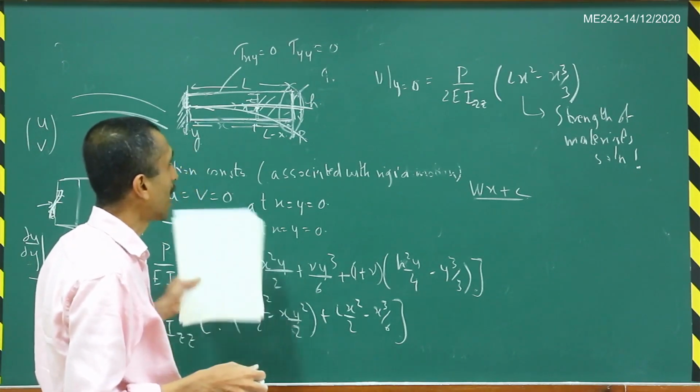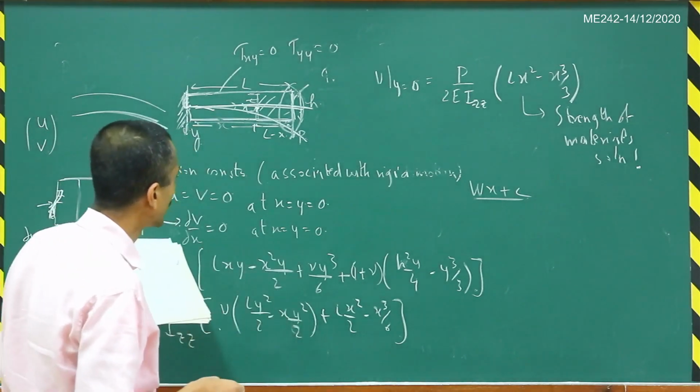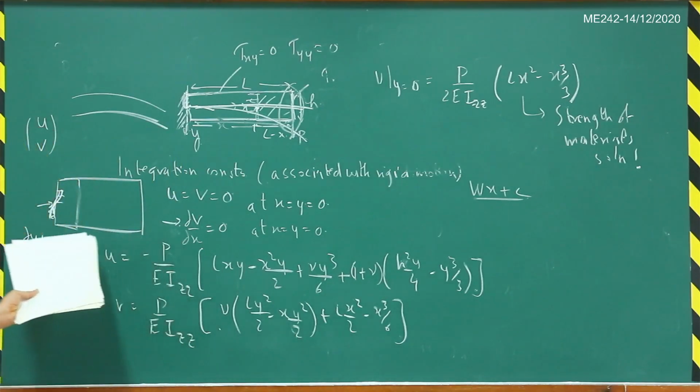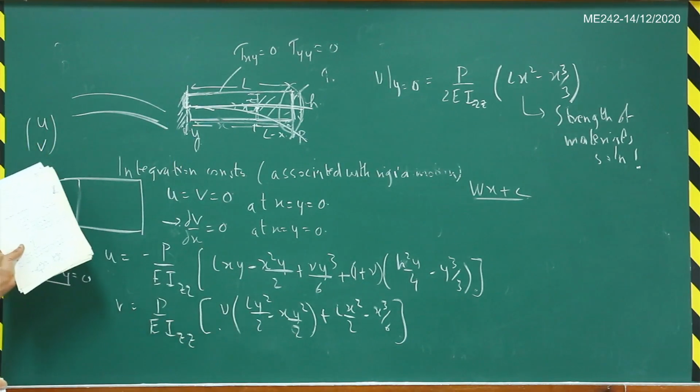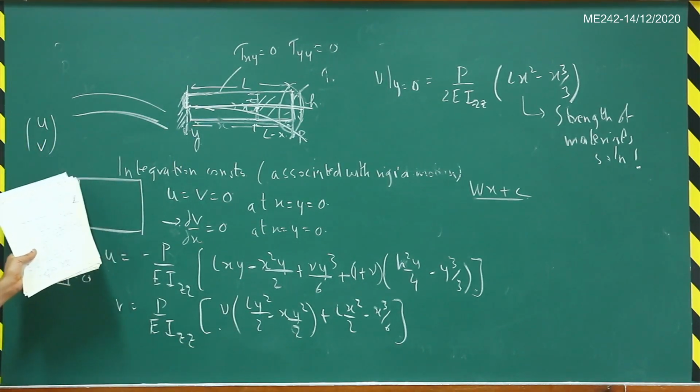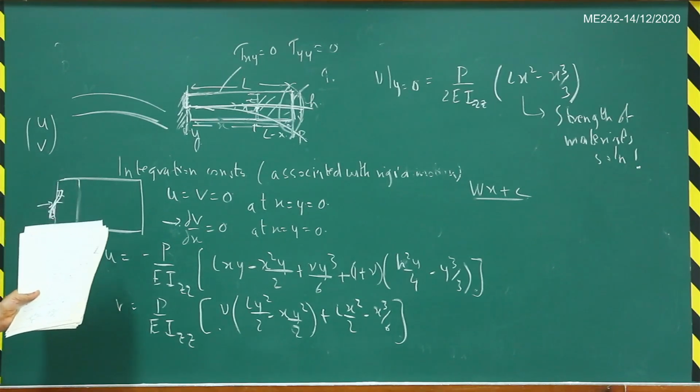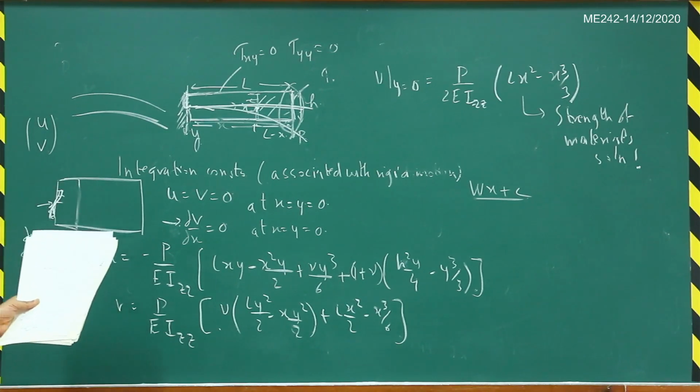The last point is that once you find these stresses, you can find out the principal stresses and so on, and then substitute that into some failure theory to find out whether the yield criterion is met, whether it goes into some plastic yielding, all those kinds of things.